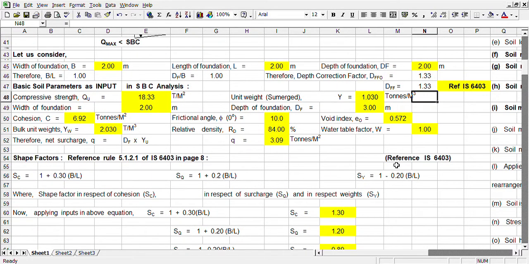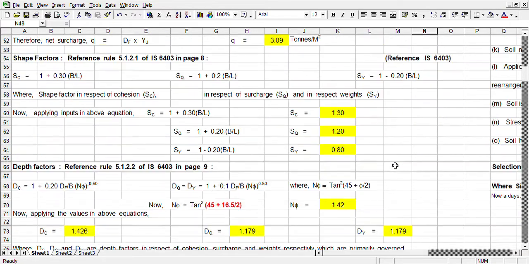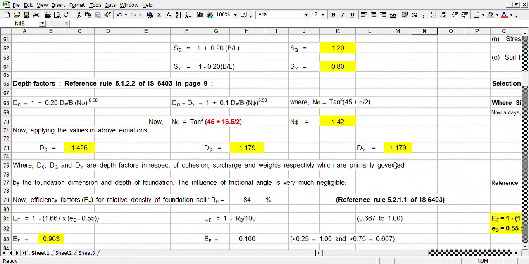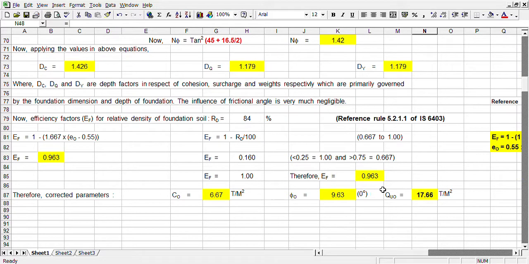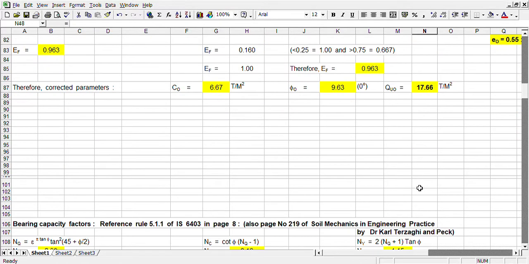If it is 0.55, then the efficiency factor shall be 1, but now it is 0.963. So accordingly, we need to correct our basic input parameters C, phi and Q, using this efficiency factor, along with the compressive strength.